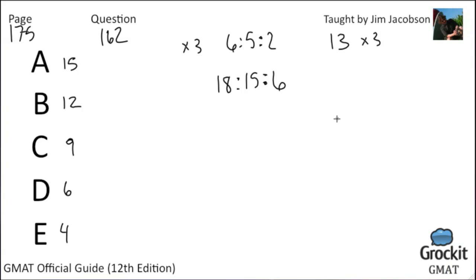And we are asked how many more pounds of apples than grapes. So that's the apples poundage minus the grapes poundage equals 12 more pounds of apples than of grapes. Answer choice B.